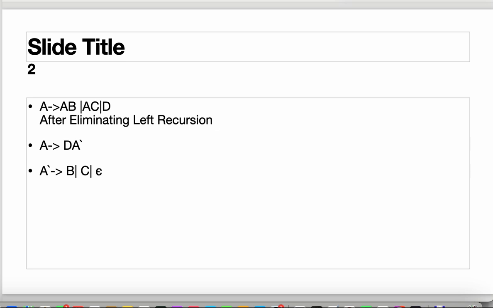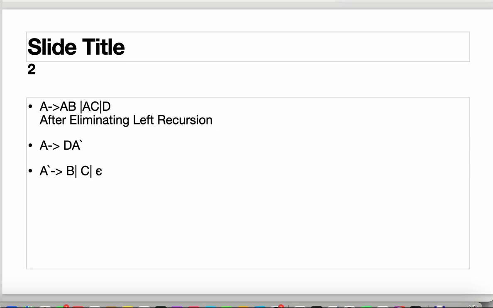Now the new productions are, A gives, write the term which is not creating recursion, which is D, and for the term which is creating recursion, we create a new variable called A dash. Now what is this A dash? A dash gives, don't write the variable symbol which is creating recursion.